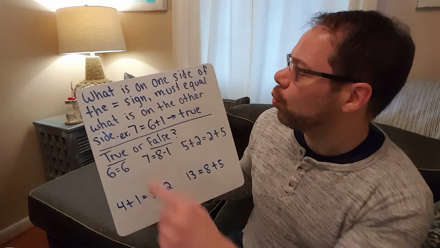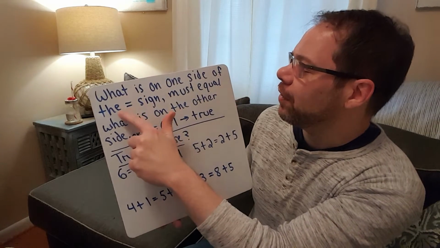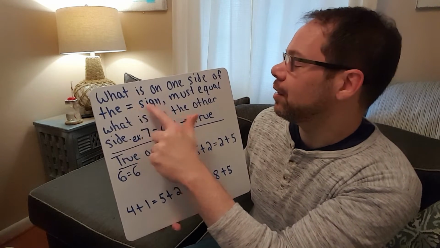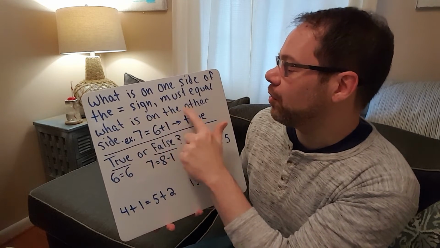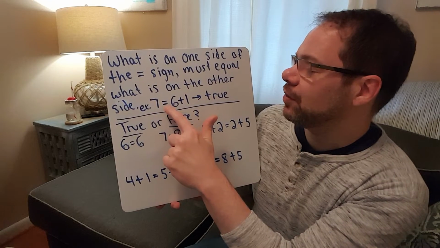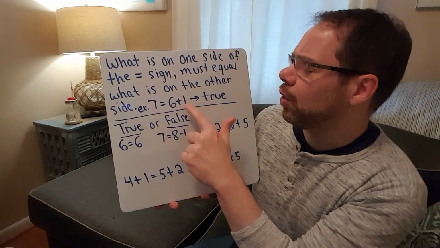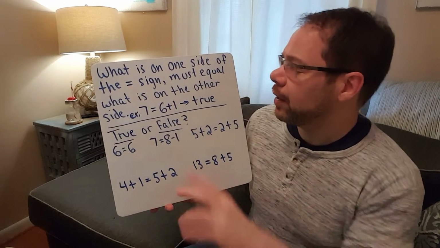So, what we're going to talk about today is how what is on one side of the equal sign must equal what is on the other side. So for an example, 7 is equal to 6 plus 1. Now we wouldn't often write an equation like that, right?